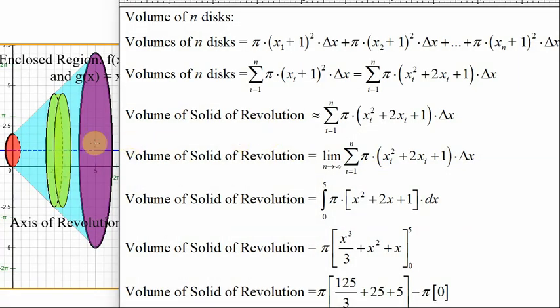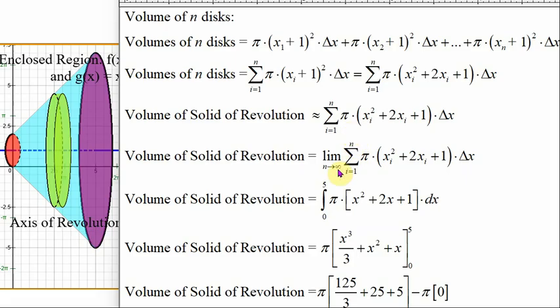And if we want the exact volume of the solid of revolution here, then we need to divide the solid into an infinite number of slices, meaning let n run to infinity.